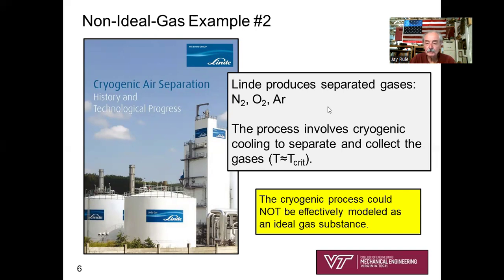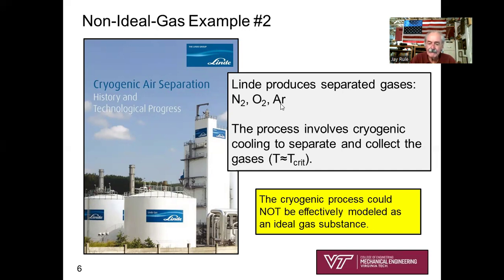Argon is an inert gas used as a gas blanket around the welding process to be sure you have a good quality weld. So Linde produces all of those gases. It strips out those gases from air. Air is their raw material.